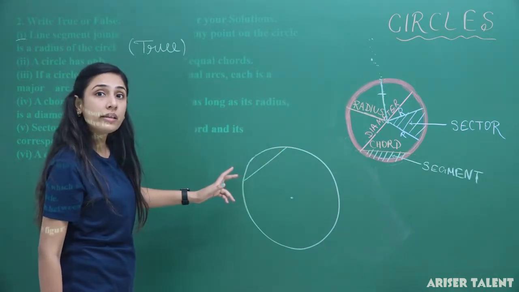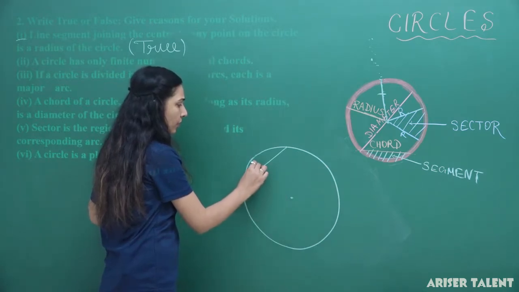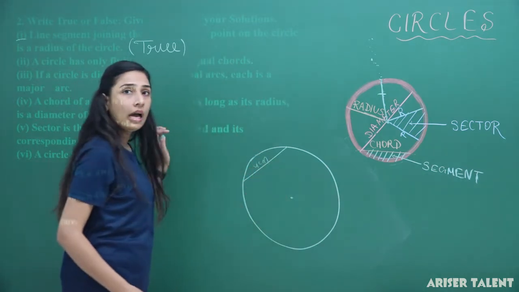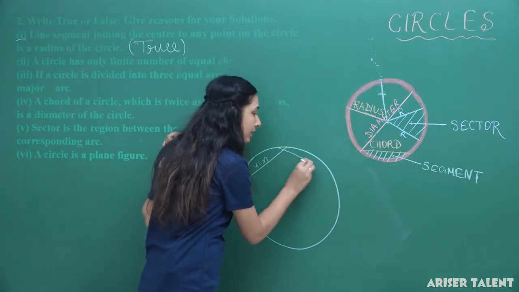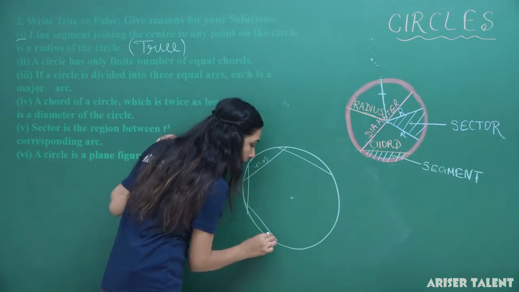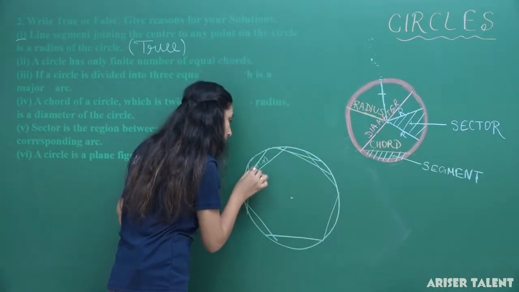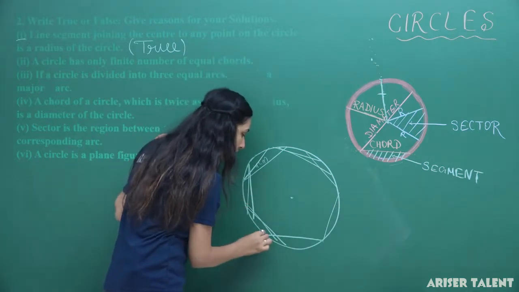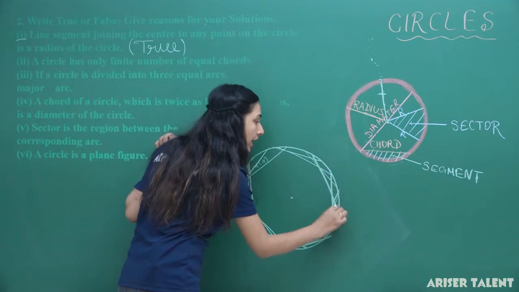For an equal chord, if this is, let's suppose, 4 centimeters, I can take 2 points from there and from here and make an equal chord here, here also, here also, and so on. At each and every point I will be having another.